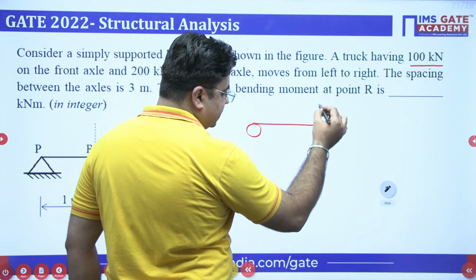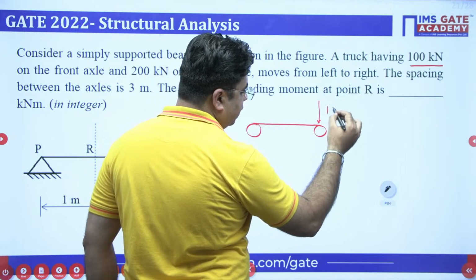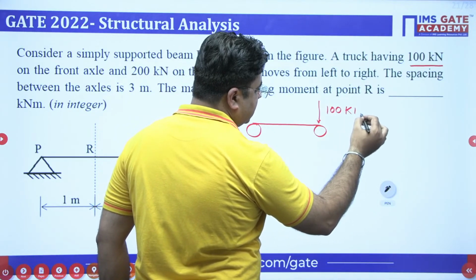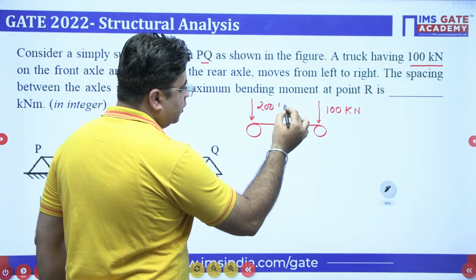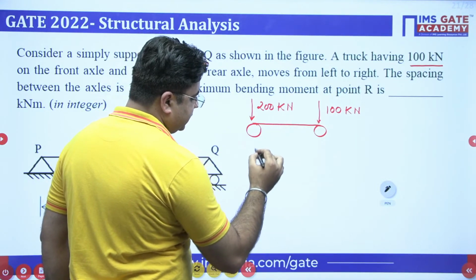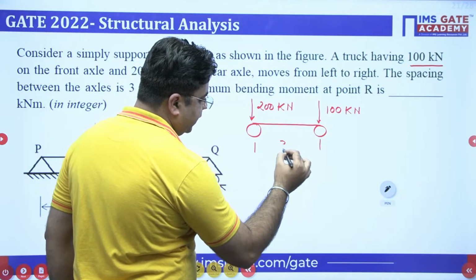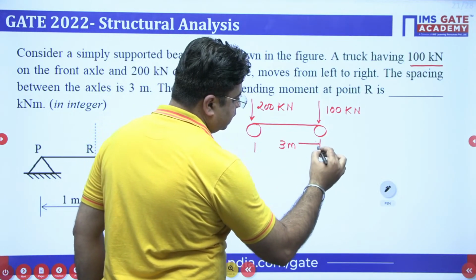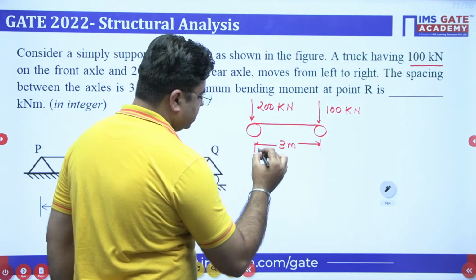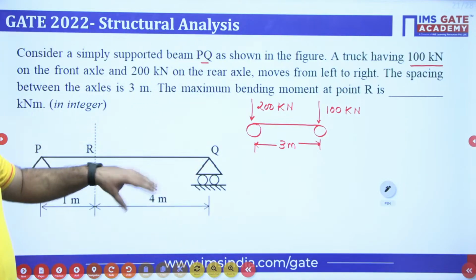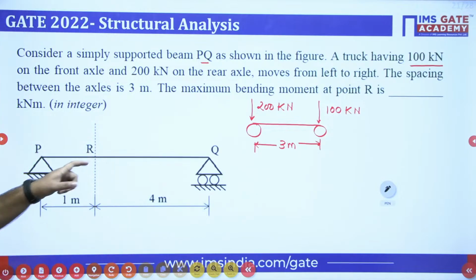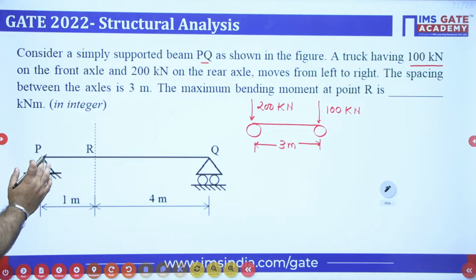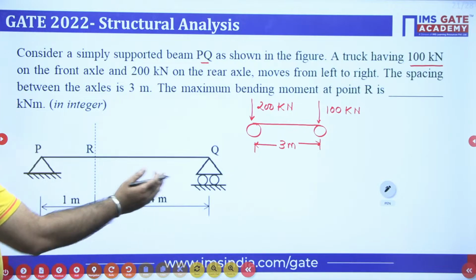The front axle carries a load of 100 kilonewton and the rear axle carries a load of 200 kilonewton. The spacing between these loads is 3 meters, right? You need to find the maximum bending moment at point R, and this point R is 1 meter from support P and 4 meters from support Q.